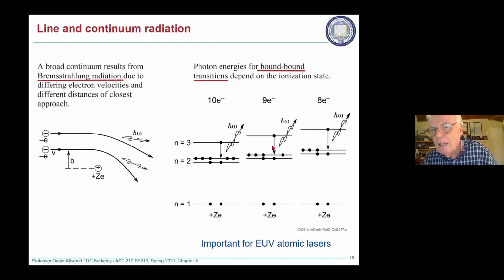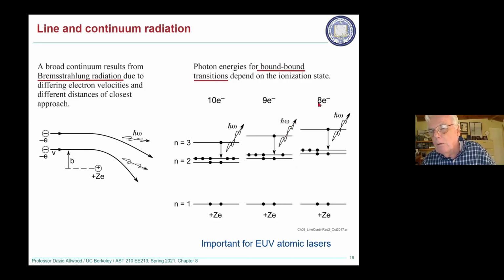Could still have the same excitation process with the 9 electrons where an electron goes up, but notice that the energy levels have shifted a bit, okay? With the 9 electrons, the nucleus is not shielded as much, so you can see that there's going to be an energy level change. So now the photon that's thrown off here is not the same as this one. There's going to be a slight difference, okay?